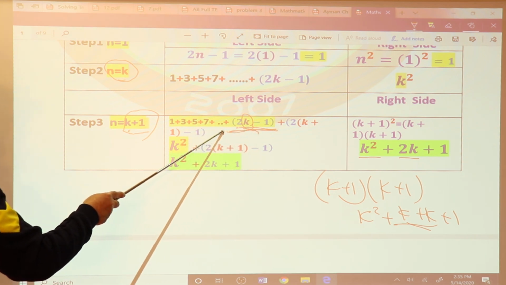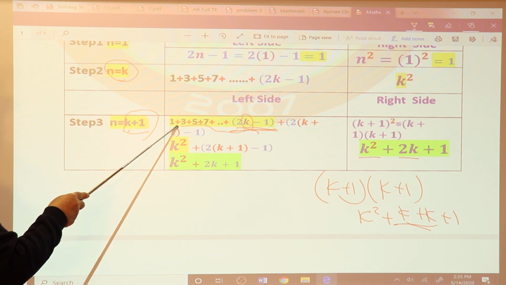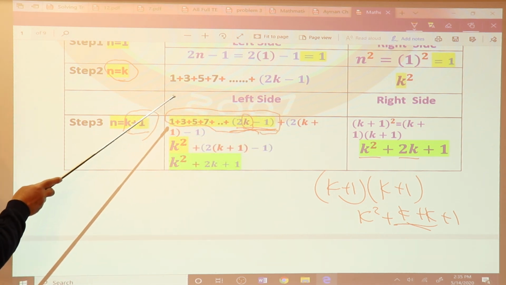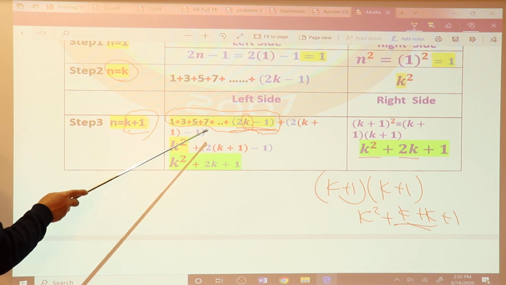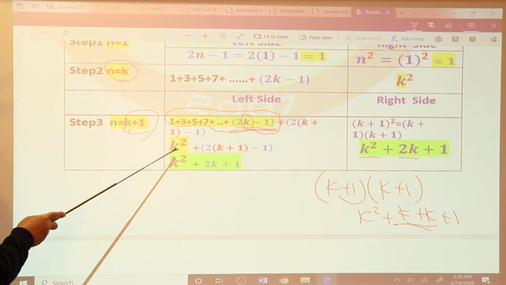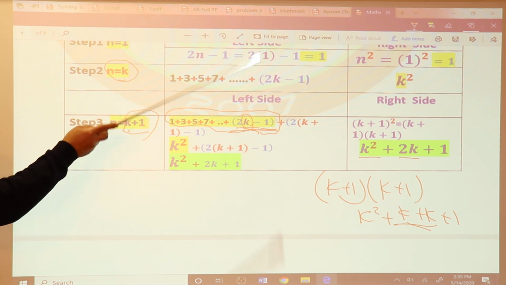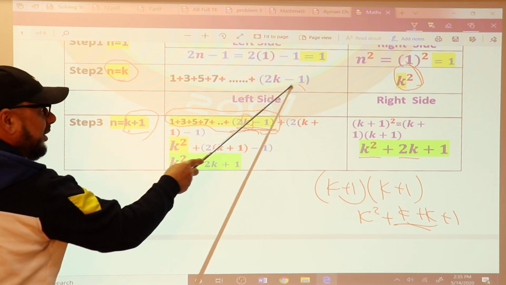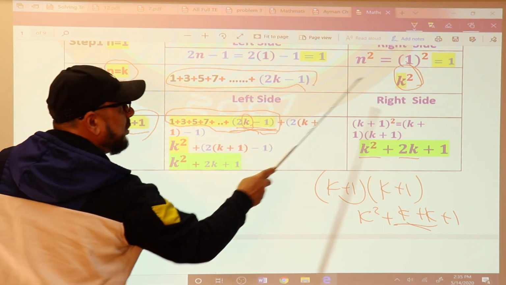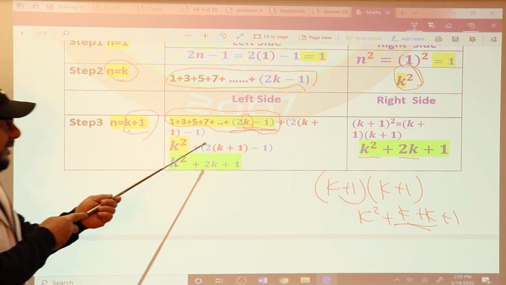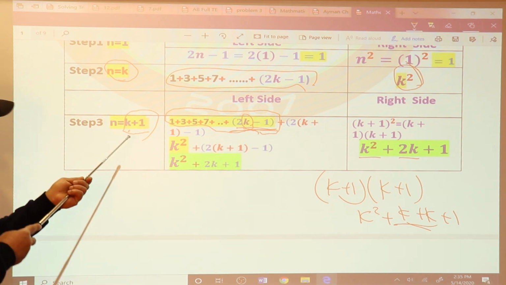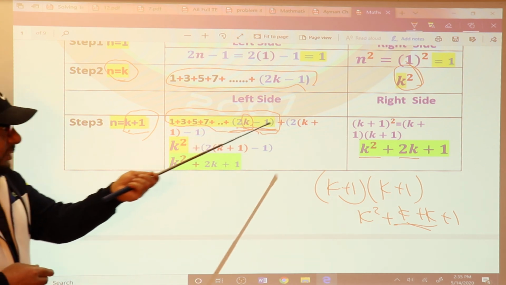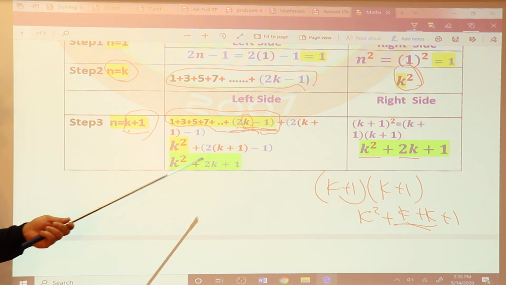But we know from before, look guys, we know all this. You see this from here to here, the one I circled, 1 plus 3 plus 5 plus 7 plus up to 2K minus 1, all equal to K squared. You remember? All this equals K squared. Good. And plus the new term we add, 2K plus 1 minus 1, where you change K to K plus 1.